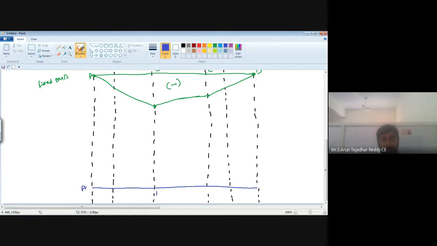A, B, C, D. So here the first one is the maximum bending moment diagram.